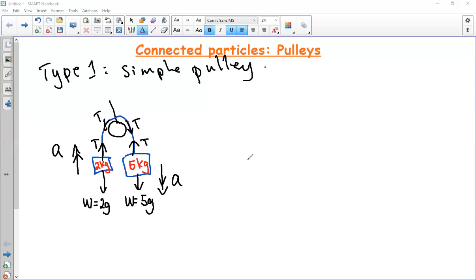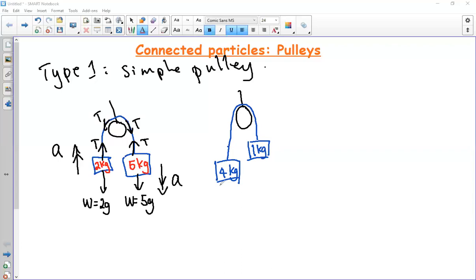So if I draw another diagram, again it's a similar thing, but this time let's say we have a box over here that is 4 kilograms, and a box over here on the right hand side that's only 1 kilogram.